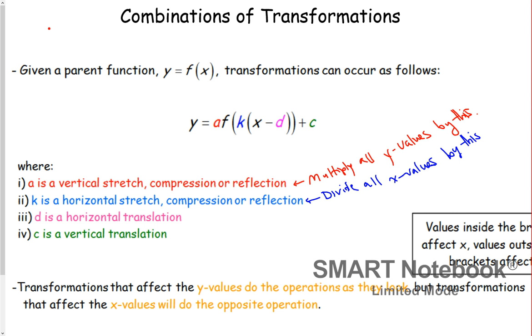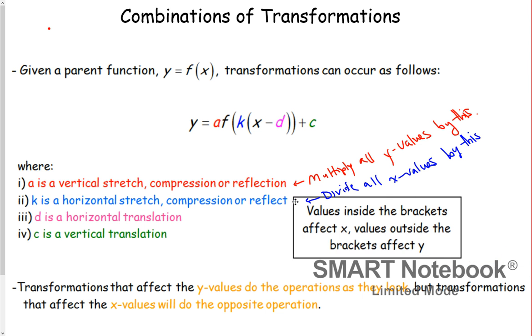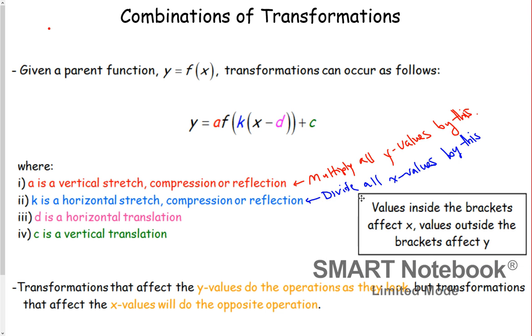Let me grab it and put it in a space where it's easy to read. I'm just going to tuck it in here. So here's a little pro tip. Values that are inside the brackets affect your x values.